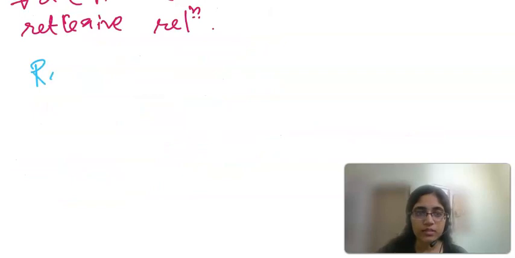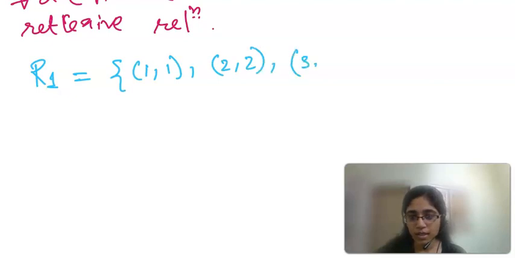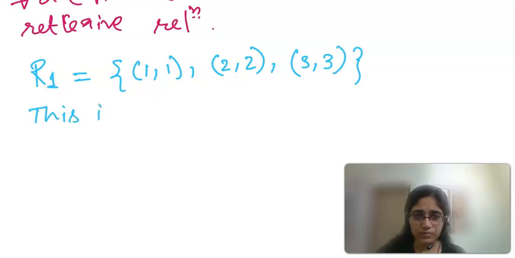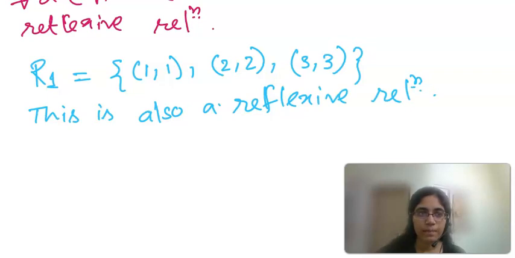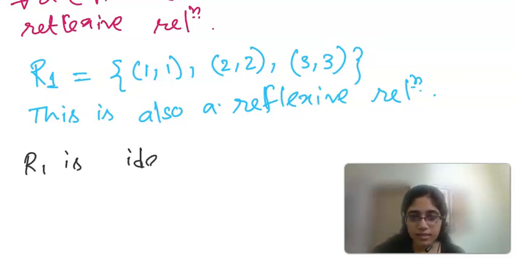If we define R1 is equal to {(1, 1), (2, 2), (3, 3)}, this is also a reflexive relation. You observe that R1 is the identity relation.